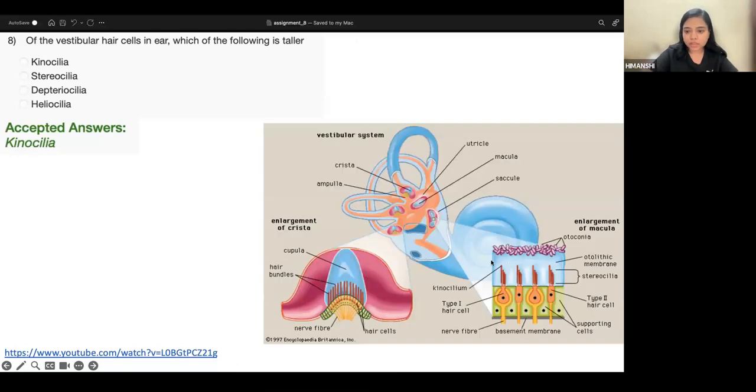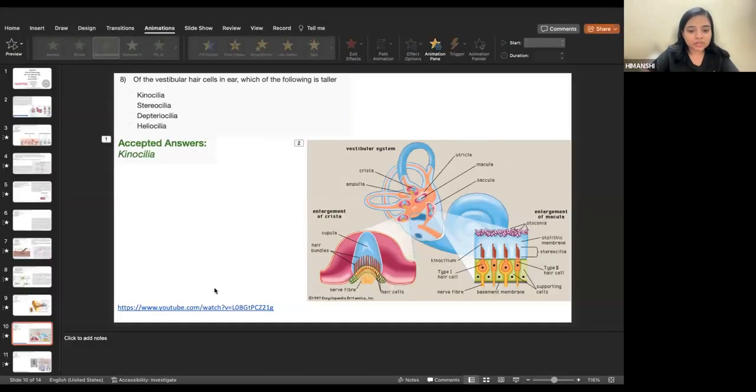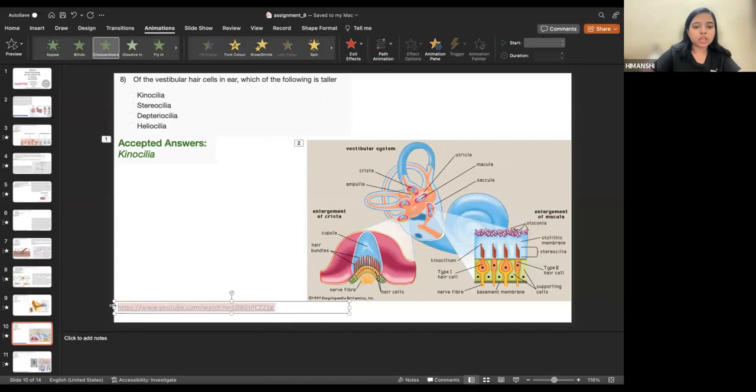And this is basically how the cochlear region, the inner ear vestibular system, looks like. You can see the tallest one is the kinocilia. The shorter ones are the stereocilia. Okay. To understand the structure in a much better way and with good visualizations, we'll quickly see a small video related to the structure of the inner ear, especially the hair cell.